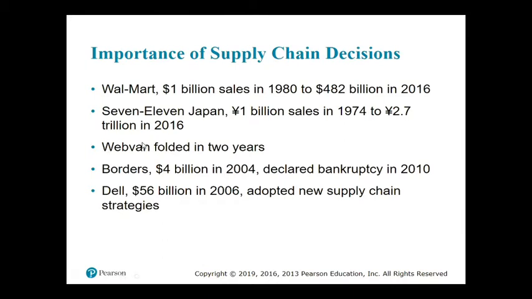Another example is Webvan. How many of you have heard of Webvan? No one, right? Because this company went bankrupt. After bankruptcy, it was actually folded into part of Amazon.